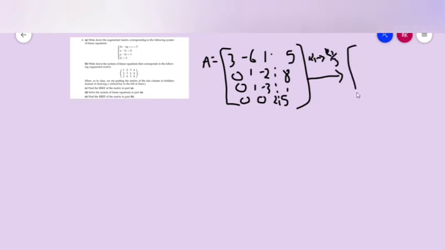So we get 1 as the pivot, then minus 2, then 1 upon 3, and also 5 upon 3. The other rows stay as they are: 8, and 1, 0, 0, 2, 5.